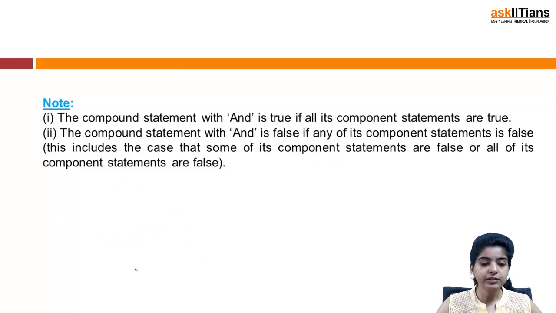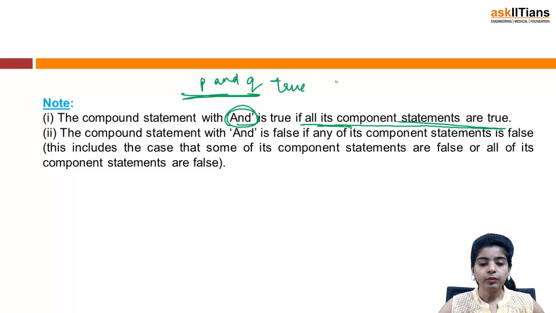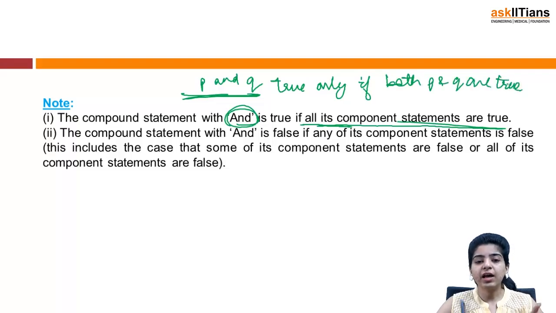Certain important points. The compound statement with and is true if all its component statements are true. Obviously, if you have P and Q, this will be true only if both P and Q are true. And means this as well as this.